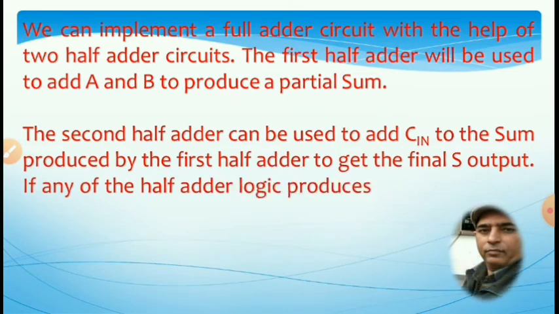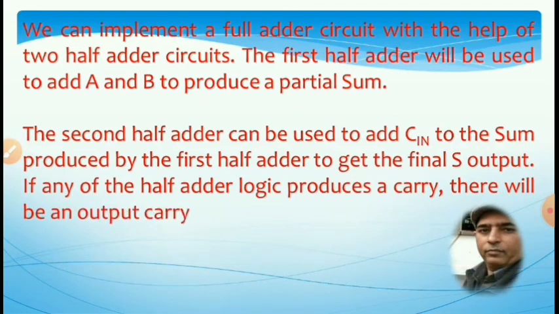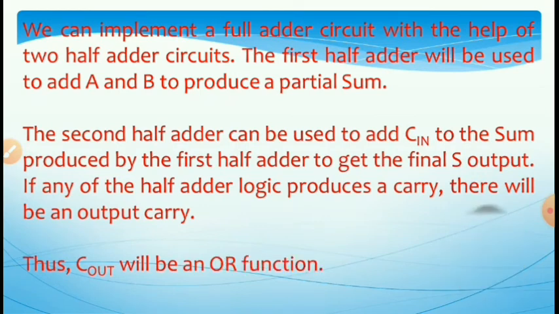If any of the half adder logic produces a carry, there will be an output carry. Thus, Cout, that is carry out, will be an OR function. So for that, we will put an OR gate.